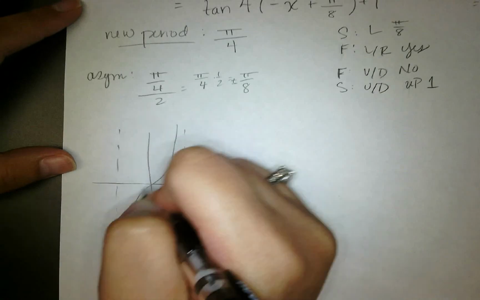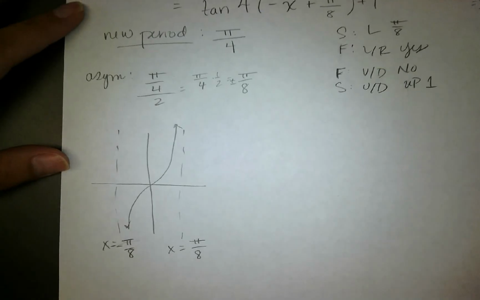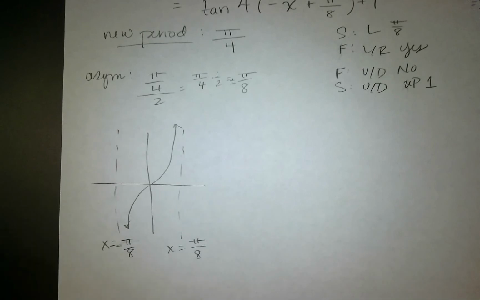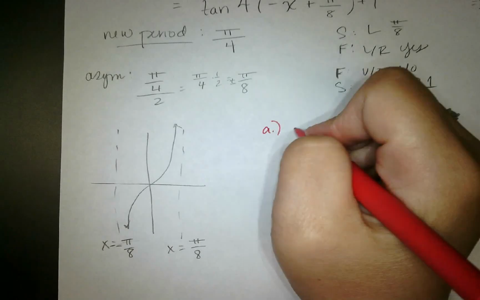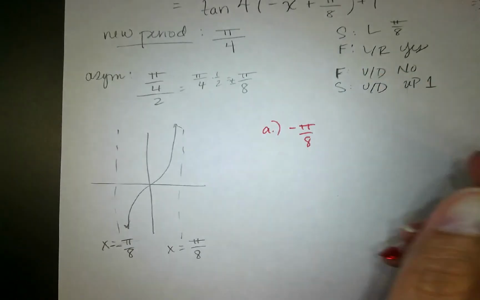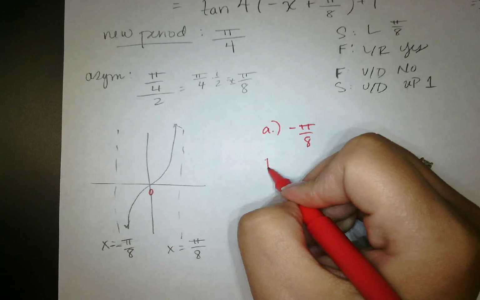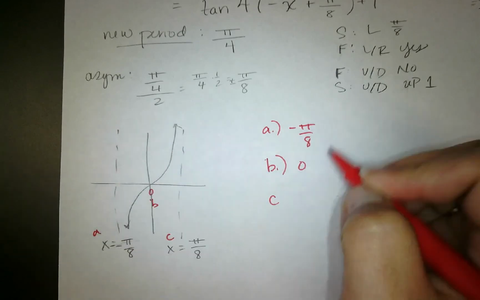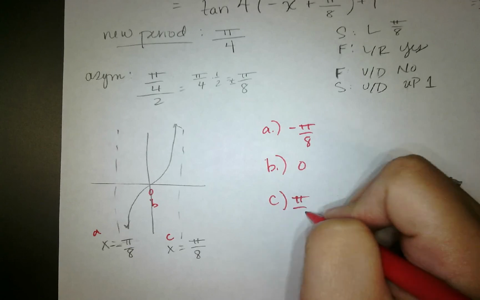My graph goes through the origin. And now we have to shift left, right. Alright, here we go. A is negative pi over 8, 0. B is 0. And C is positive pi over 8.